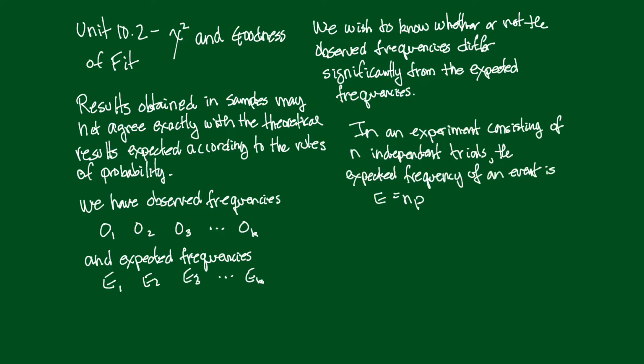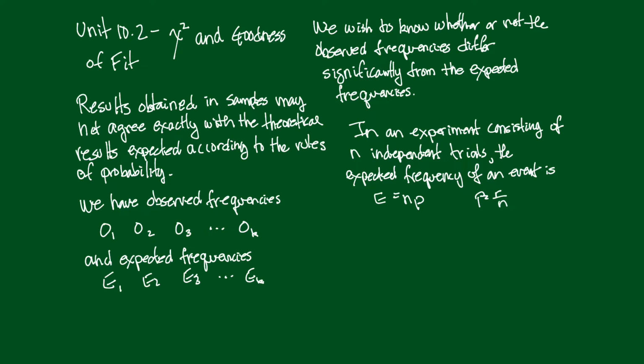Now, in an experiment in which you have n independent trials, the expected frequency is found this way. The expected frequency is n, the number of trials, times p, the probability of success on a single trial. We did this before when we looked at binomial probabilities, and we saw that p was equal to r over n.